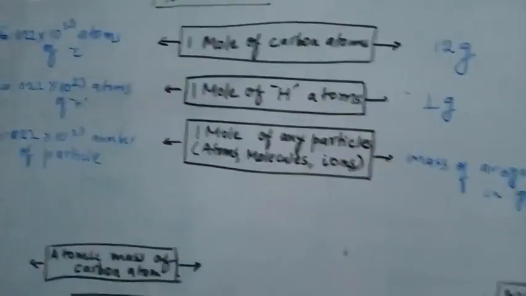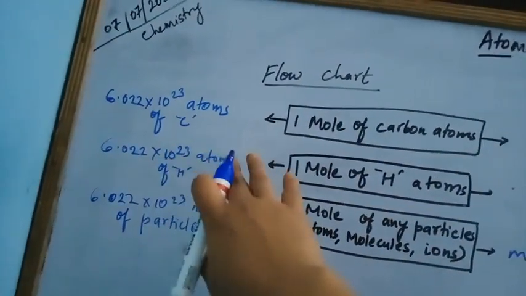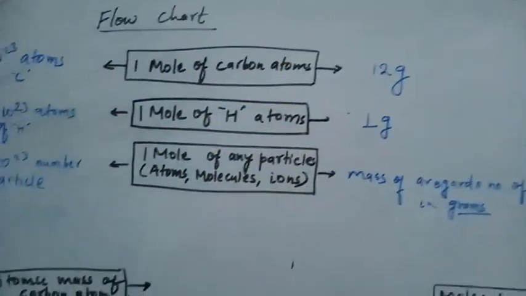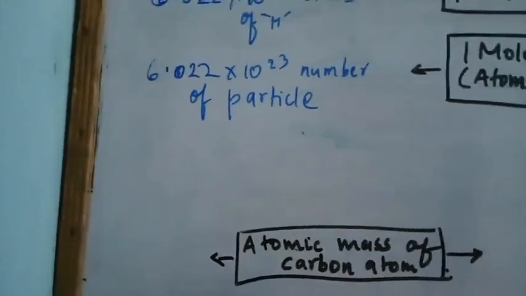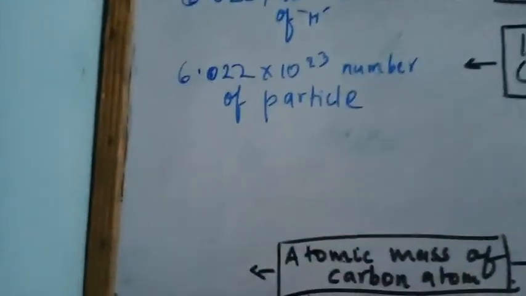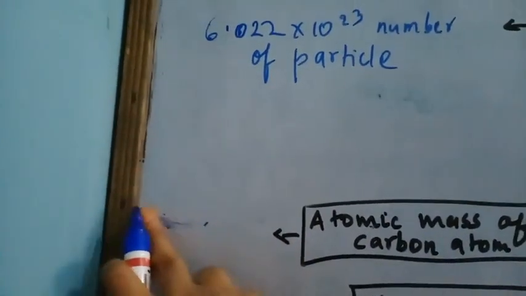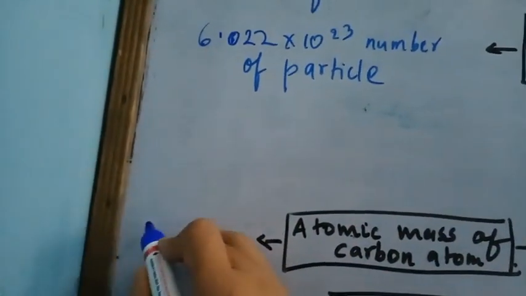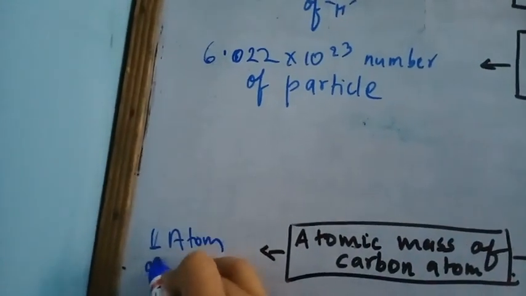Similarly, you know that 1 mole of carbon atoms contains Avogadro number of carbon atoms, and its mass is 12 gram. If you see the atomic mass of carbon atom, atomic mass of carbon atom means the mass of 1 atom of carbon.